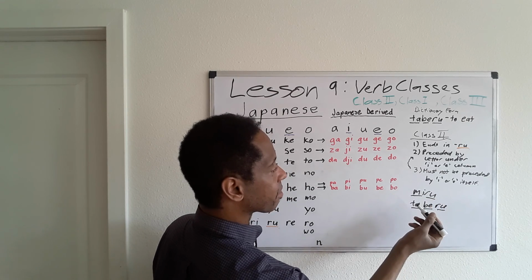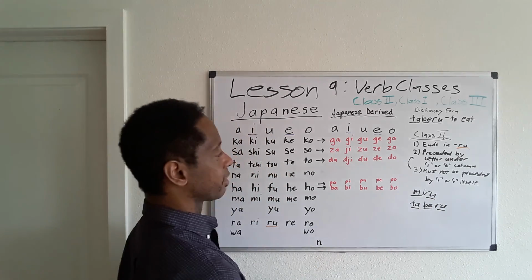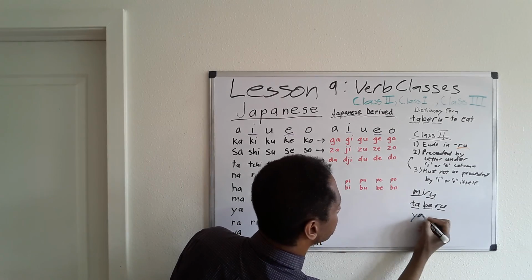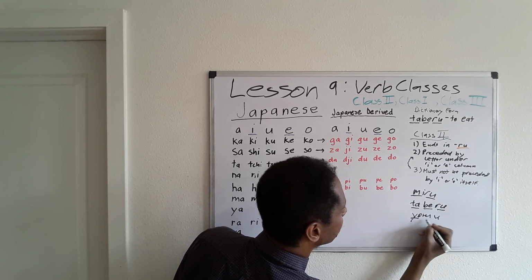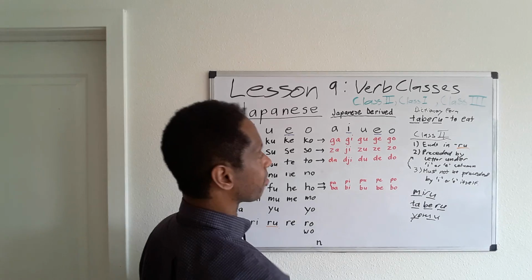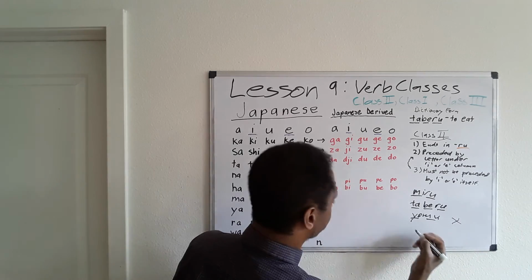And must not be preceded by I or E itself. Nope, it's preceded by be, not E. So now yomu does not end in ru, so number 1, it does not satisfy it. It's not a Class II verb.